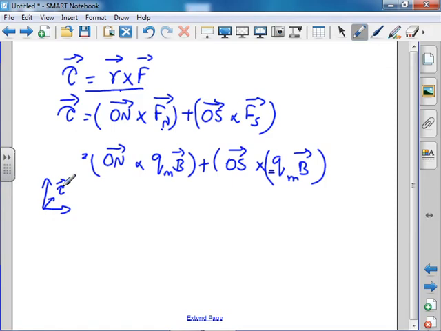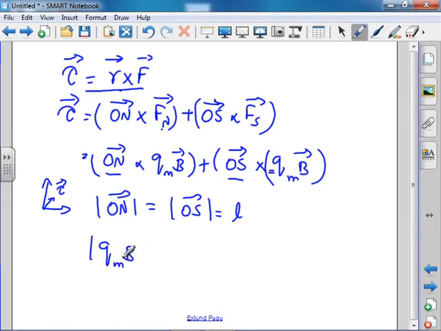Now let us substitute the values for ON and OS. The magnitude of ON is equal to the magnitude of OS, which is L. And the magnitude of QMB is equal to the magnitude of the force experienced by the south pole.